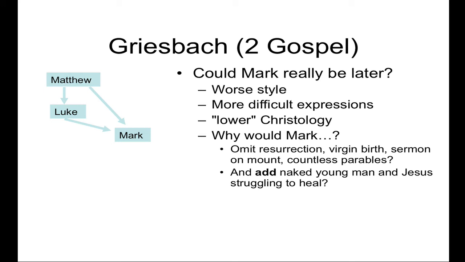Matthew and Luke go out of their way to have him be virgin-born, and something more like pre-existent, an incarnation of wisdom. Why would Mark lower the Christology in the second place when it looks like the trajectory is for Christians to have a higher and higher Christology?